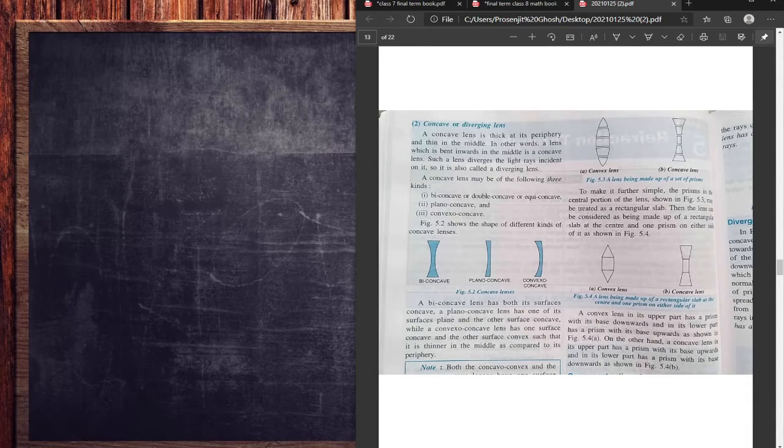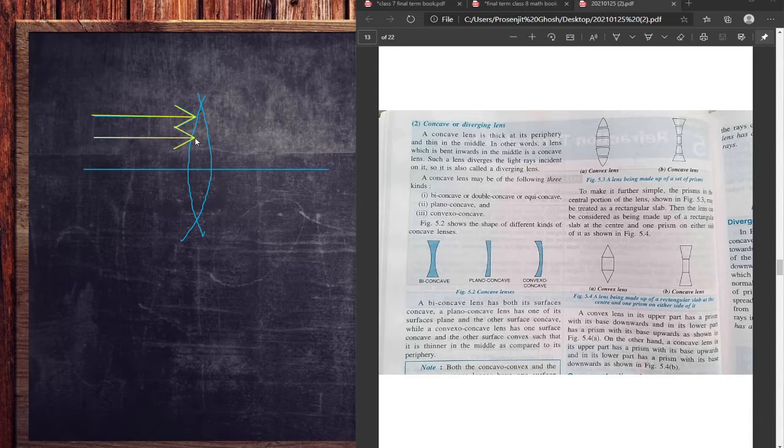But how does it actually work? We know that biconvex is a converging lens. Why? Because whenever a biconvex lens is used, let me draw the idea first. In this case, we send parallel rays, and let me change the color of the rays.